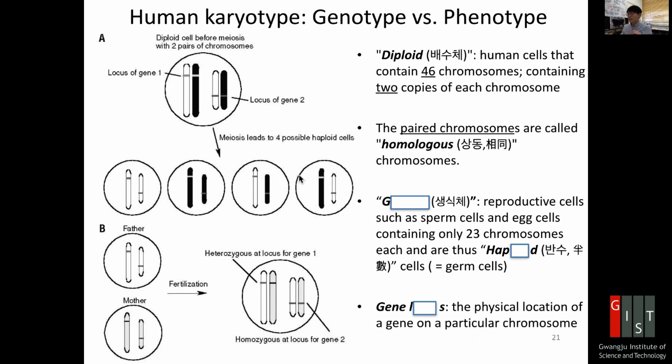But the reproductive cells, such as sperm and eggs, will have half of these chromosomes, and these cells we call gametes. They contain only half of the number of chromosomes, and thus we call them haploid. And the physical location of a gene on a particular chromosome, we call a gene locus.